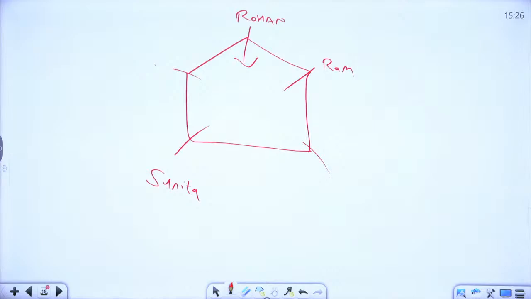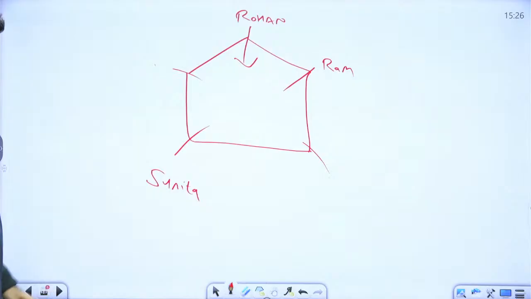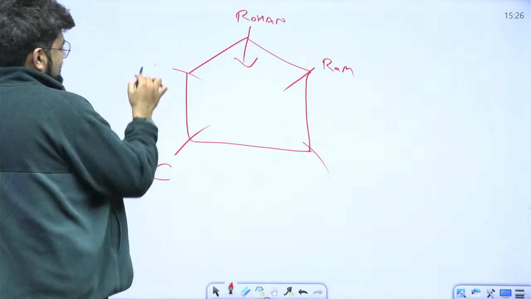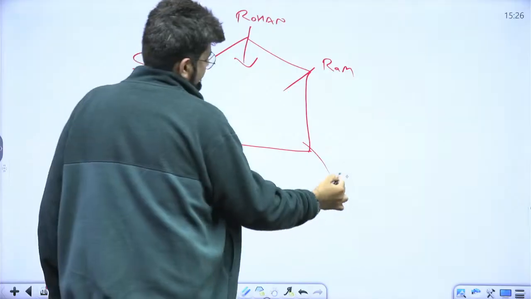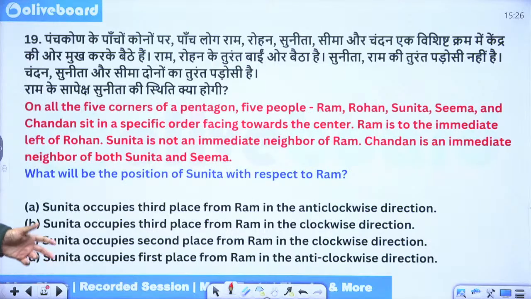Chandan is not a neighbor of both Sunita and Seema. Oh, sorry. Chandan is an immediate neighbor of Sunita and Seema. My bad. So Chandan has to be sitting here. And this is Sunita and this is Seema. Okay. Sorry. I read not.